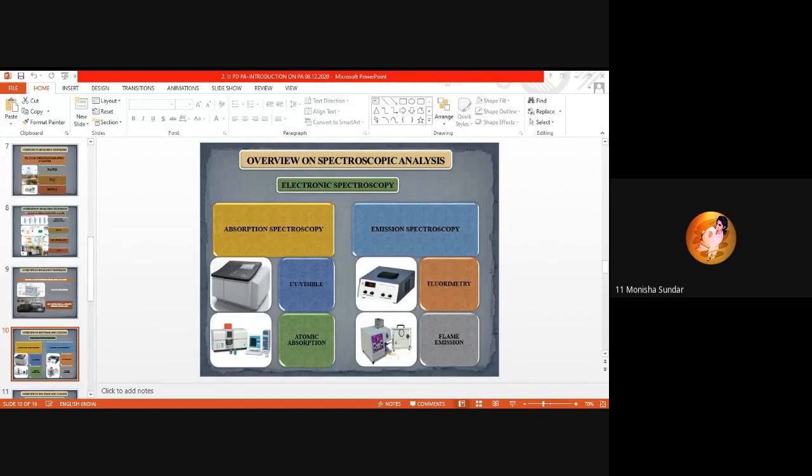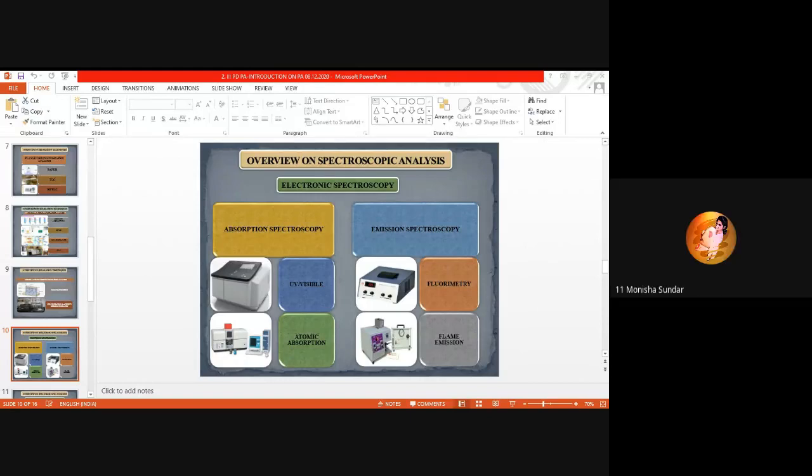syllabus: separation techniques, spectroscopic analysis, chemical methods of analysis, quality assurance. In the overview of separation techniques, we have three types: planar chromatographic analysis, columnar chromatographic analysis, and miscellaneous chromatographic analysis.